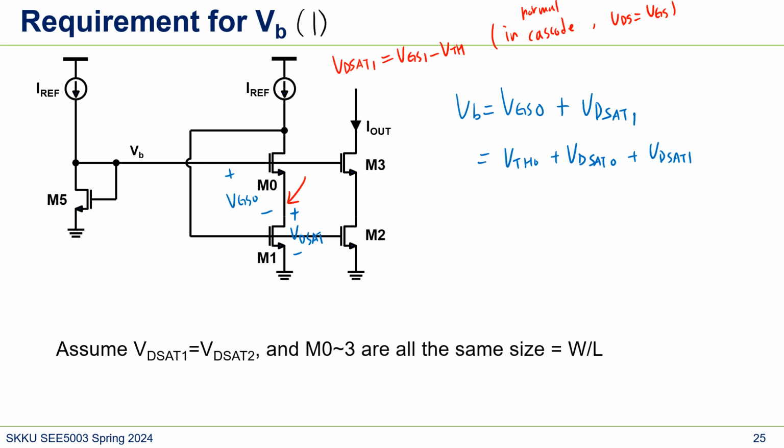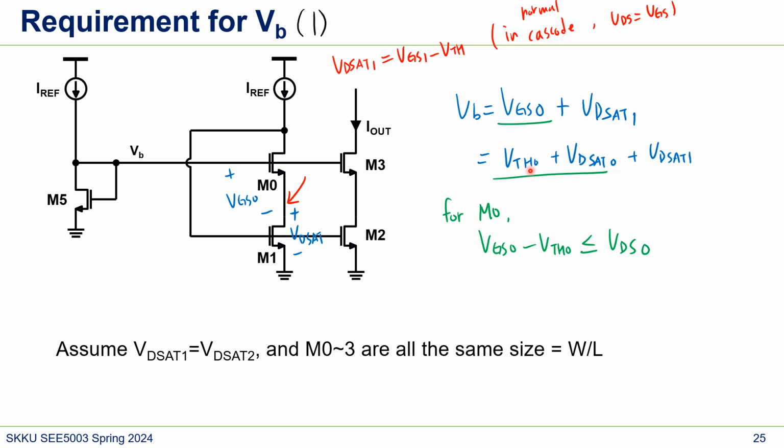The reason we can represent it like this is that we assume M0 is at the saturation edge. That comes from the fact that for M0, VGS0 minus VTH0 should be smaller than VDS0. That's what makes it saturation. So I just replaced VGS0 here.